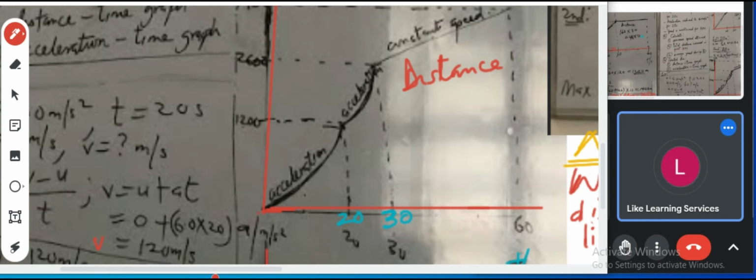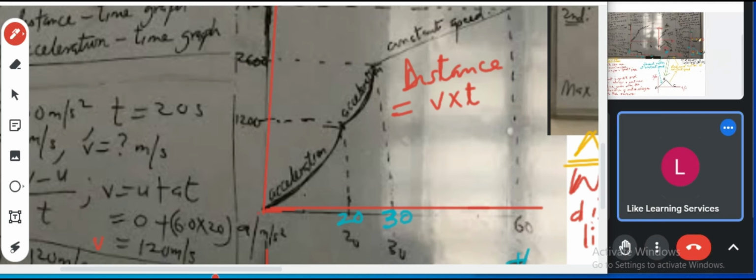Constant speed is speed times time, v times t, which is 160 times 3. 3 times 6, 18. 3 times 1 is 3. That's 480 meters.